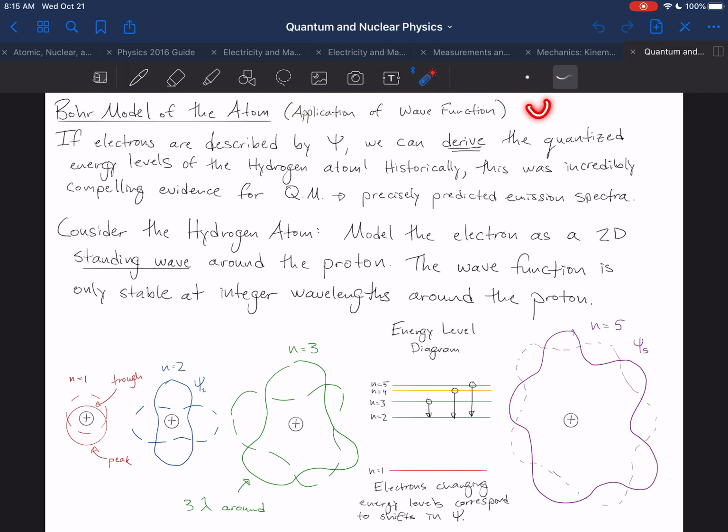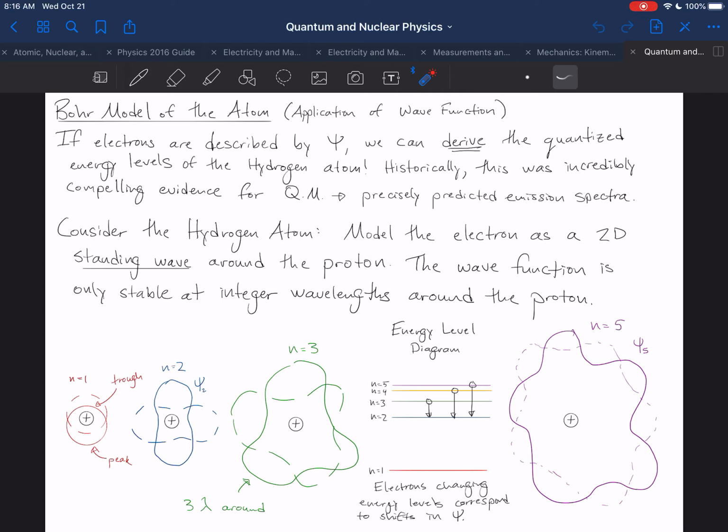So the application of psi to a particular problem with tremendously precise predictions, unexpectedly so, and a wildly successful application.